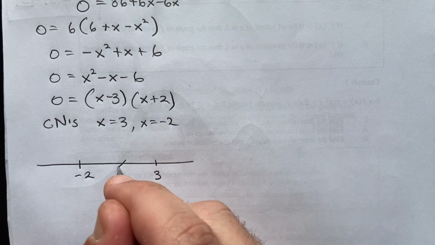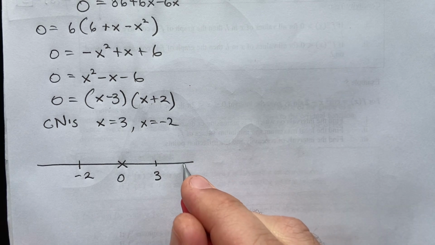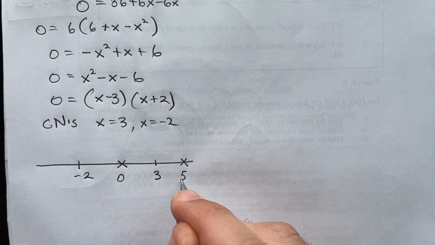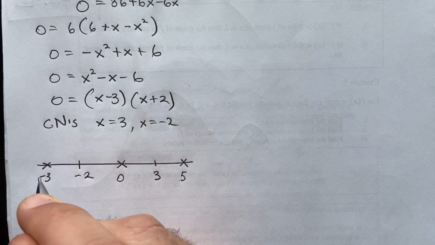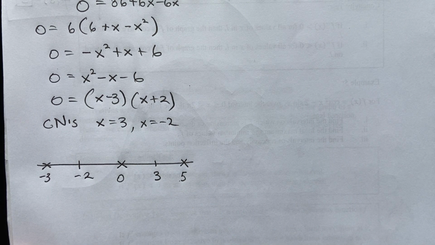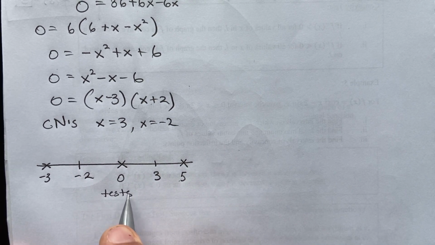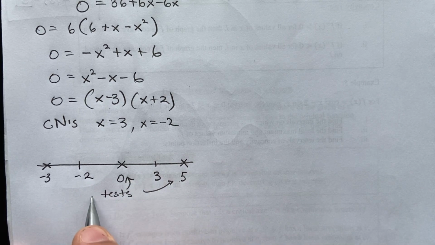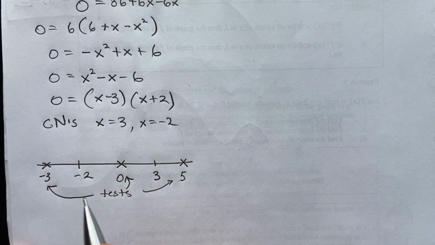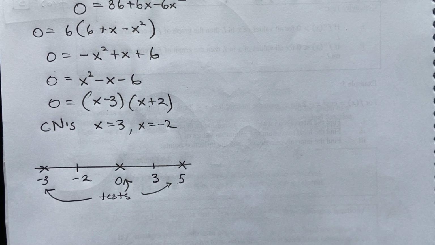So I'll use these tests. I'll test at 0, that's kind of a nice place. I'll test maybe at 5, and then I'll test maybe at -3. So these are just my tests. These are not defining the endpoints of the interval, they're in the interval.